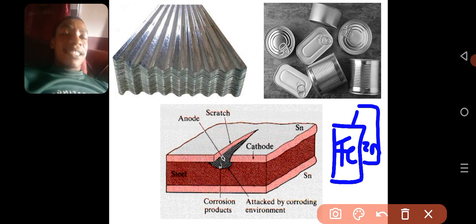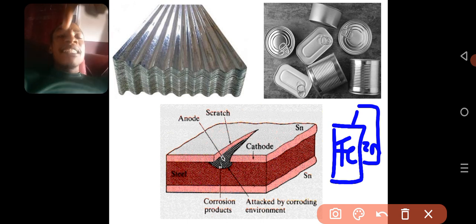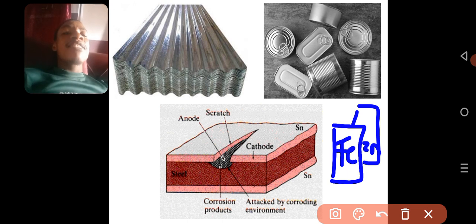The answer is zinc. So zinc being more reactive will be the anode, unlike the former arrangement where tin is covering iron, and because iron is more reactive, iron is the anode. But here zinc is more reactive, zinc will be the anode, then iron will be the cathode.